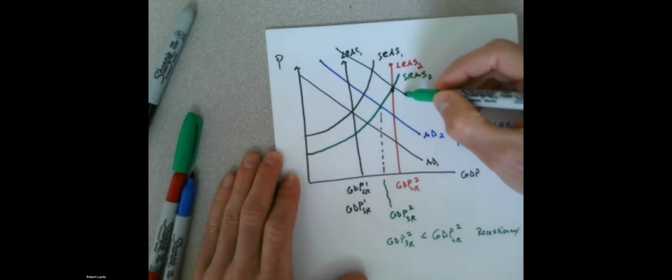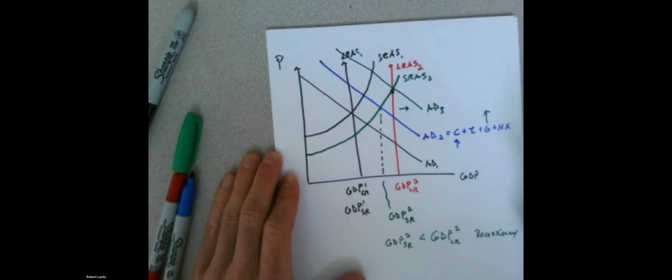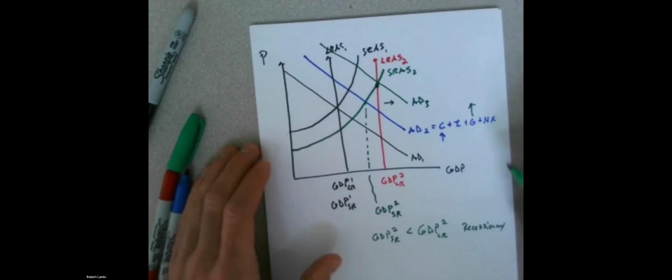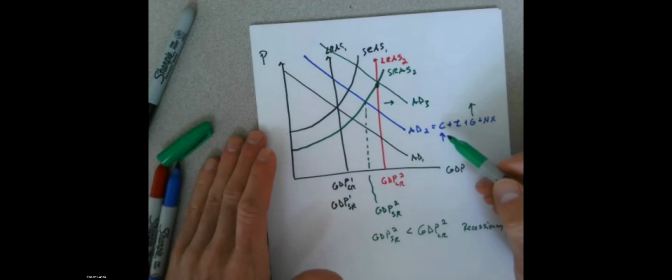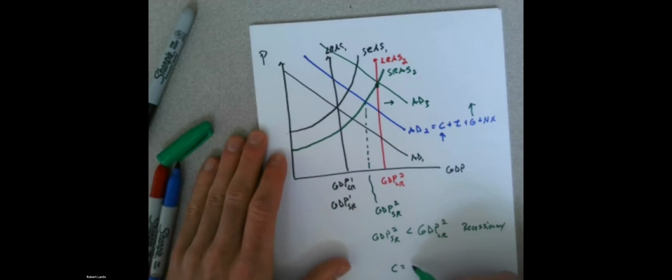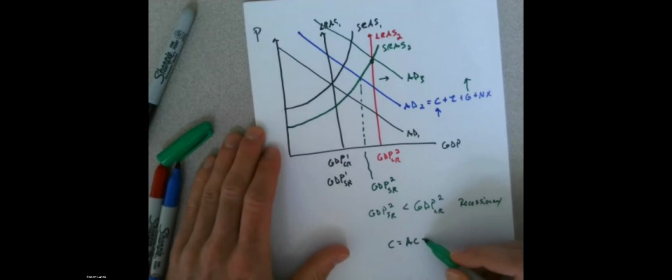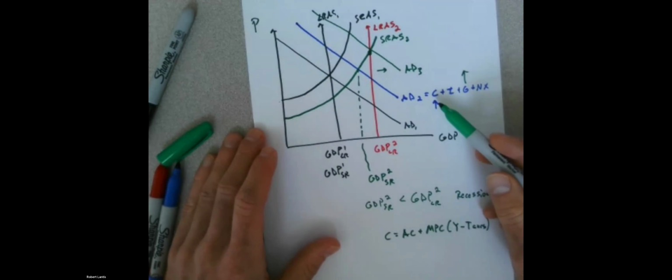We would have to then increase aggregate demand even more. How do we do that? Increase government spending, right? Or within our consumption function, how would we increase consumption?